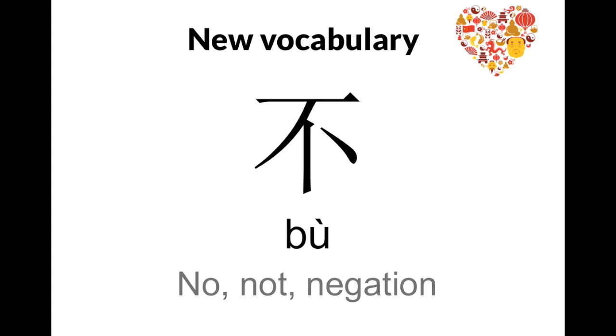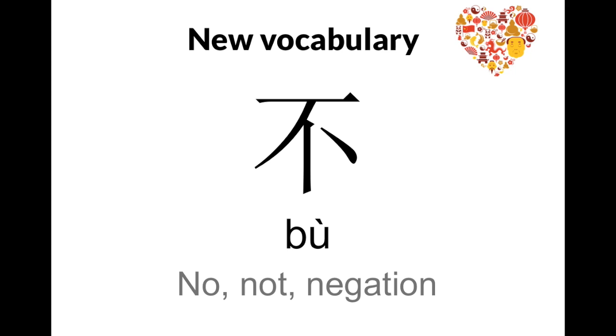So here we have a really, really interesting character, extremely useful. Bu, fourth tone, which is used for negation. But it doesn't directly translate into no. You have to use bu together with something else. And therefore, not is a better translation. We will see some ways bu can be used soon, but what you need to know now is that bu is one of very few characters that changes its tone.